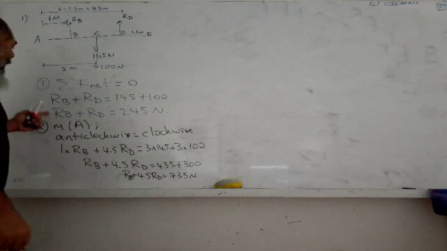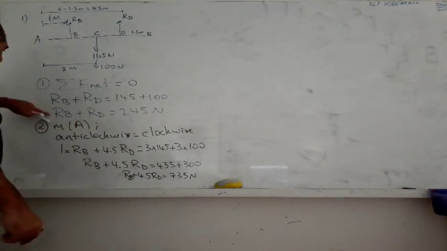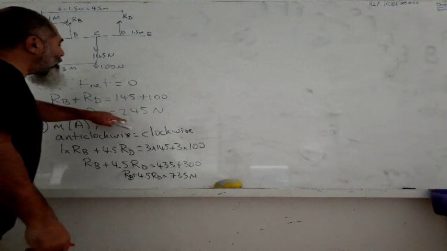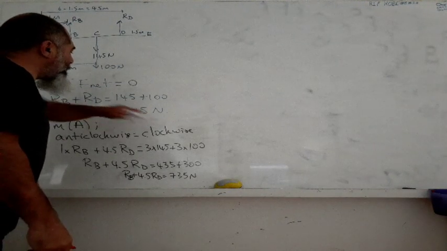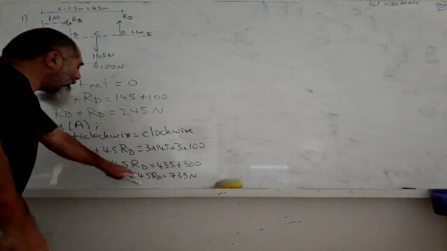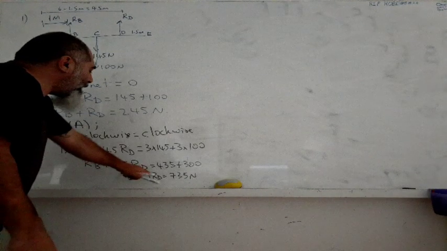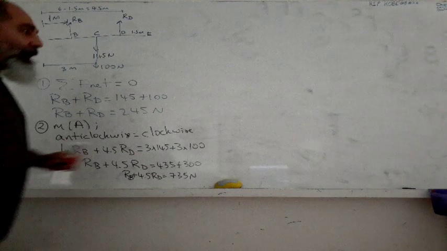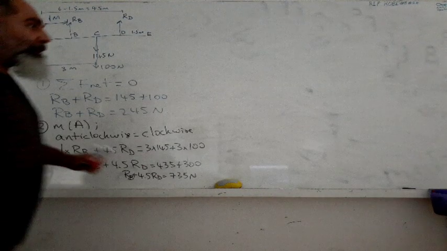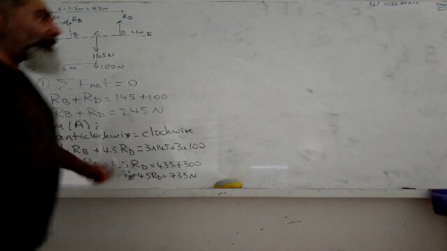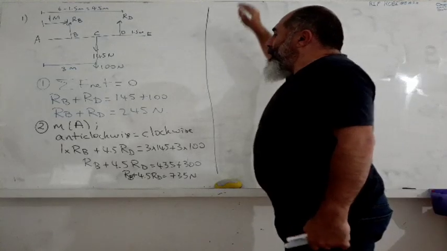Now we have two equations in terms of RB and RD. There we have the first one, RB plus RD is equal to 245. There, RB plus 4.5 RD is equal to 735. Let's use simultaneous equations to find the values for RB and RD.